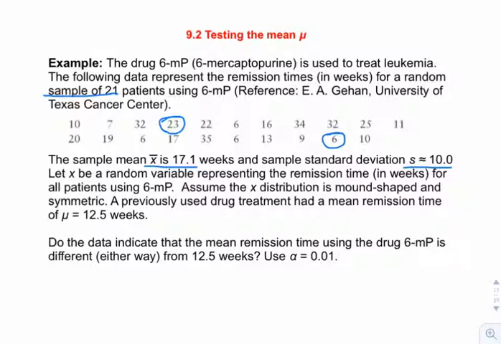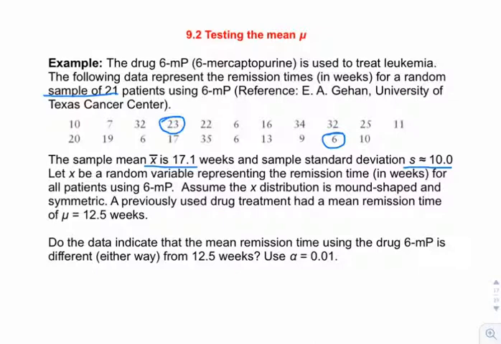Just check yourself on these two measurements with these 21 data values. Okay, so let's say that you verify that x bar is 17.1 and you verify that the standard deviation is 10, which you could do because you actually have the data right in front of you here.